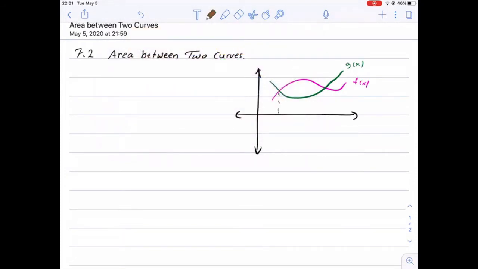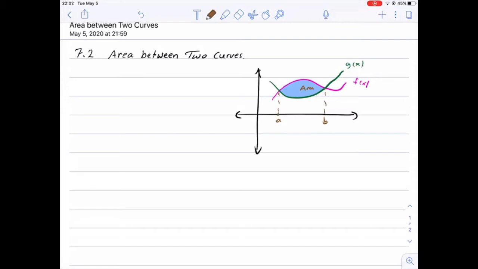And this point here is A, this point is B. And we want to find area between those two curves, this area. Now, as we can see, this area is bounded above by the function f and bounded below by the function g.